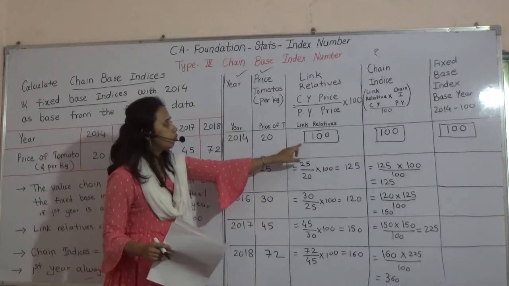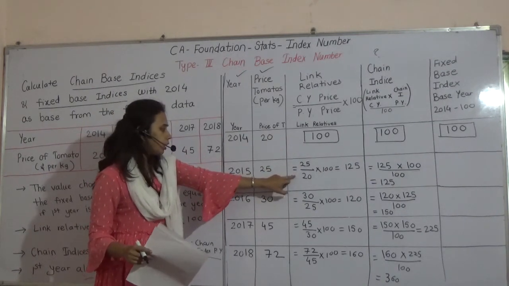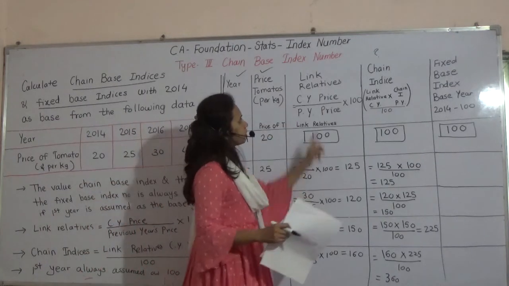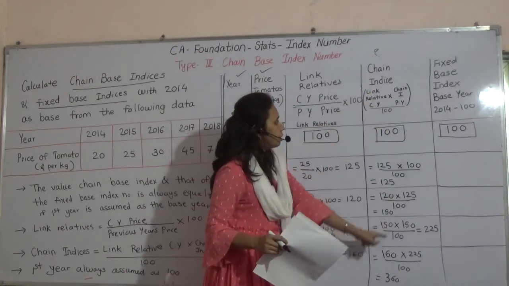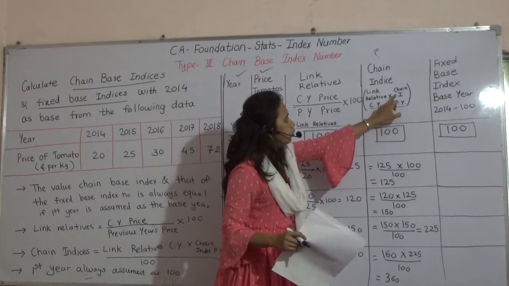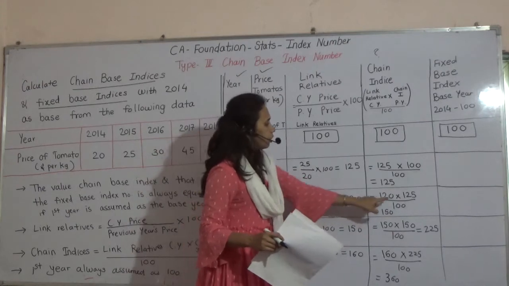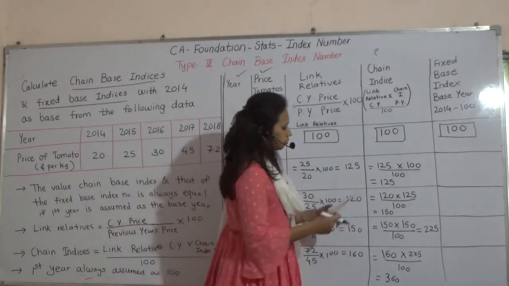Okay, so for the first calculation I have written 100. From the second year I have started calculating using this formula. With the help of this I got link relatives and I have used this to calculate my chain indices. Chain indices is link relatives into chain indices of previous year. I have referred to the current year link relatives into previous year chain indices. Likewise I will get the answer.